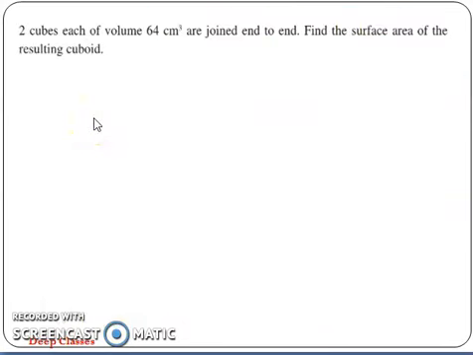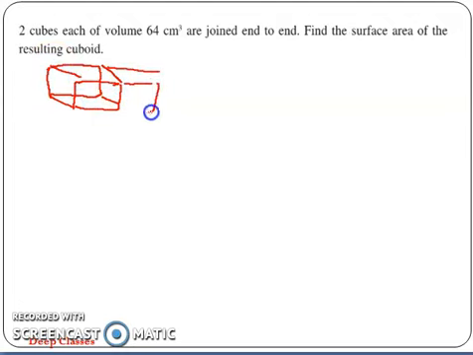So the question is: two cubes, each of volume 64 centimeter cube, are joined end to end. Find the surface area of the resulting cuboid. In this case we can see there is a cube, and if we join these two cubes, it will form a cuboid. So this is one cube, there is another cube, and we'll draw another cube like this.